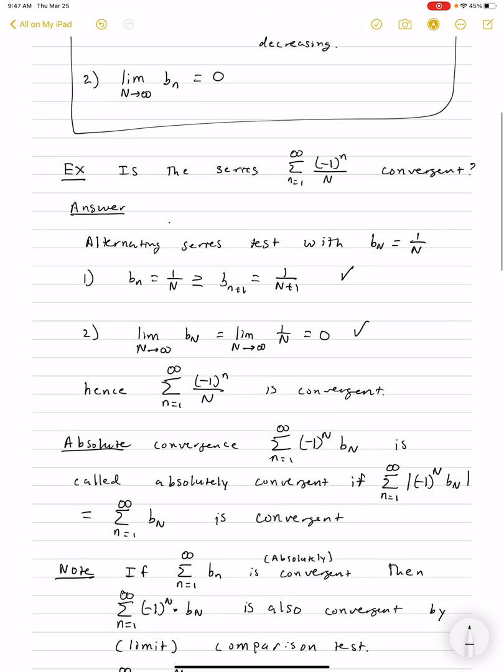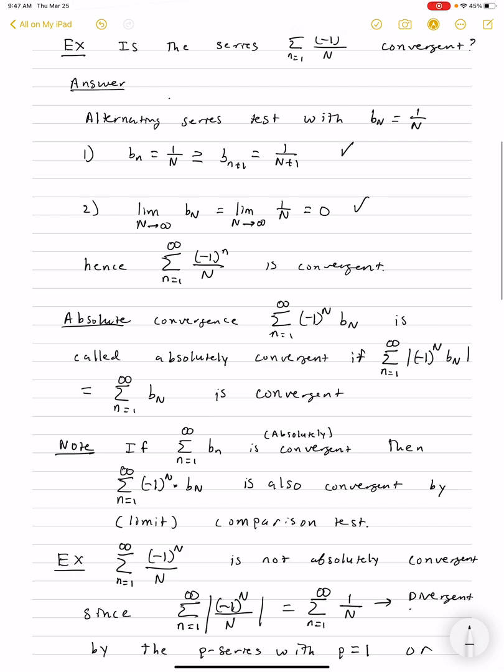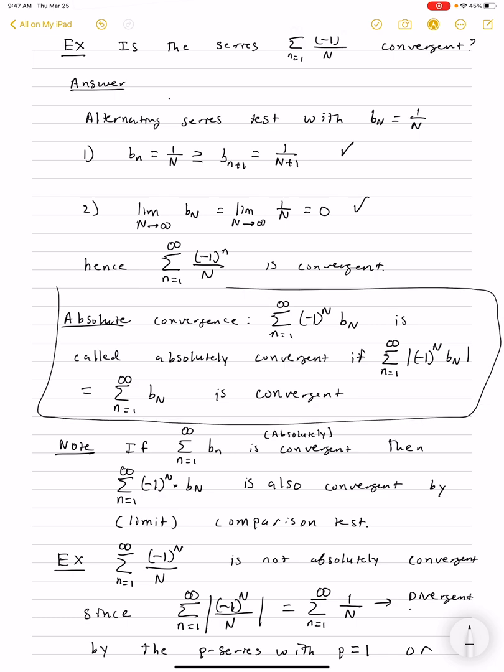A second idea is this idea of absolute convergence. So if you're asked, is your series absolutely convergent, you have to take the absolute value, so take away the alternating part, that minus 1 to the n, and determine if the series of just positive terms is convergent.